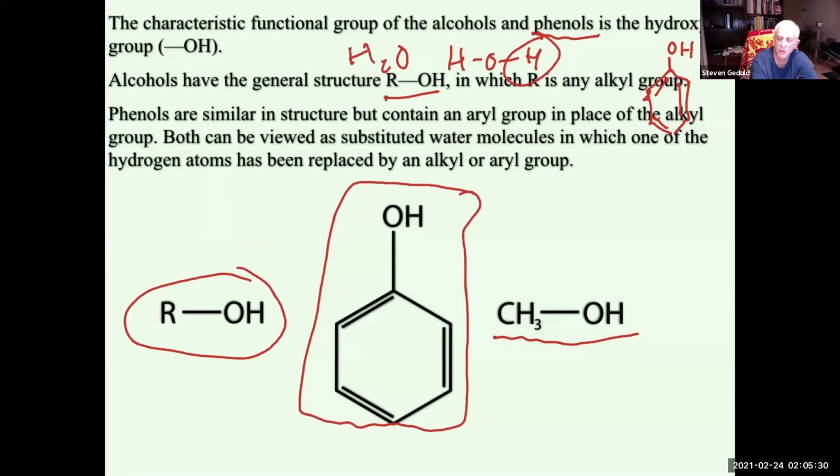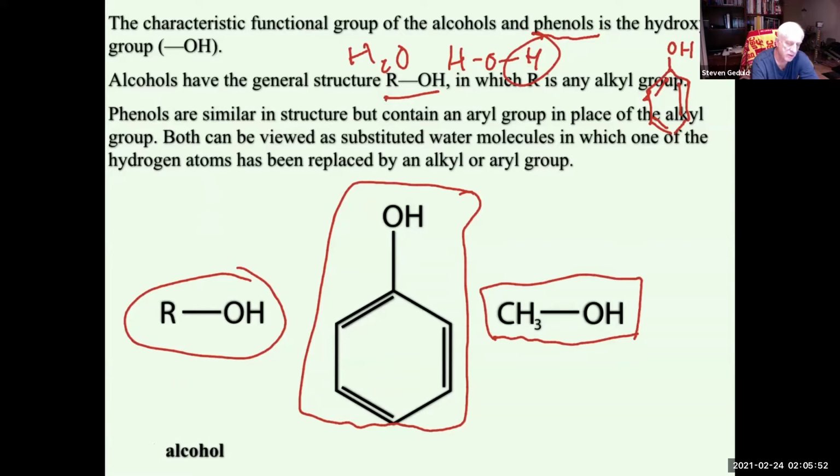What's the name for one carbon that we talked about? It was methane, right? So this is methanol, with the alcohol ending, because there's only a one carbon group on it. We're going to name it in just a second.